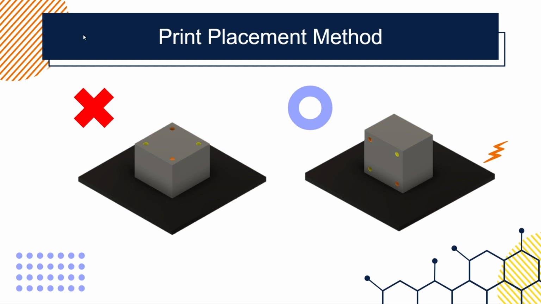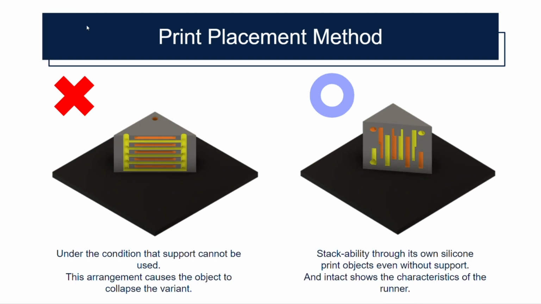We need some parameters or specifications in order to print those complex models, just like the picture above. How the object is placed, because the contour needs to stay clear. Therefore, the placement of the object is based on its stackability.